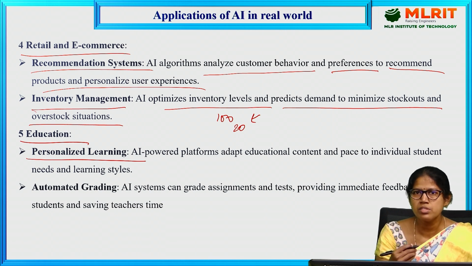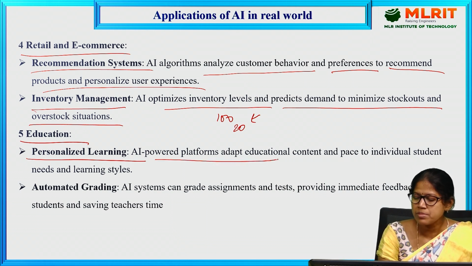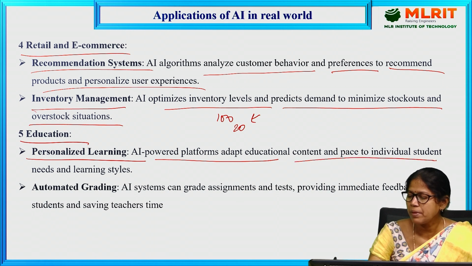If you are using ChatGPT or any AI tools, it will observe what you are asking about. Based upon your questions, it will answer and remember them, and next time also it will ask in detail and give brief information about the topic. AI-powered platforms adapt educational content and pace to students' individual needs and learning styles.